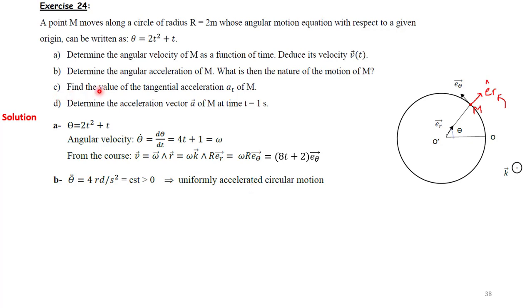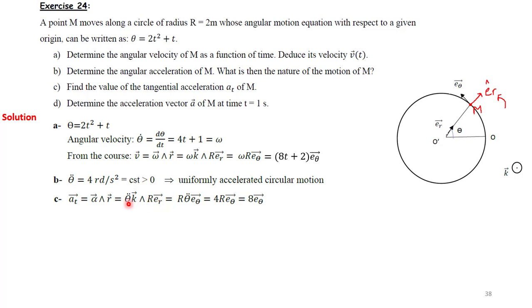Question C, find the value of the tangential acceleration a tau of M. So we have to apply the rule a tau is equal to alpha cross R. Alpha is equal to theta double dot along k, because omega and alpha have the same direction. Cross R, which can be written as capital R, the radius, along ER.